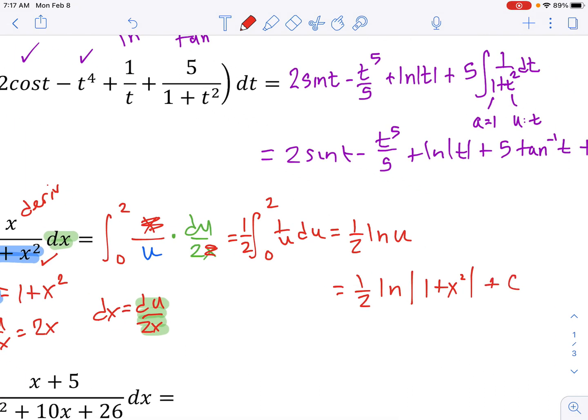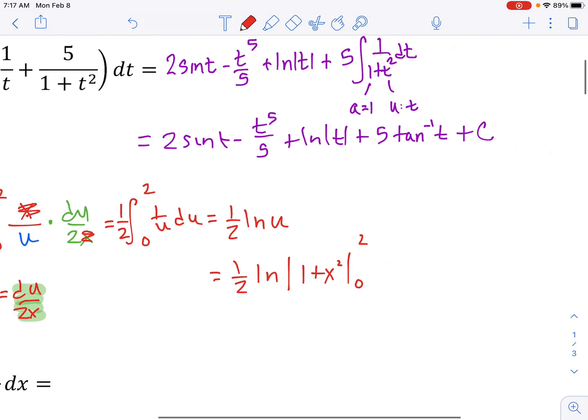Now the absolute values there are not really necessary because 1 plus x squared will always be positive, but it doesn't hurt to put them in. Let me erase that. We don't have the plus c because we have a definite integral here. We're going to evaluate that from 0 to 2.